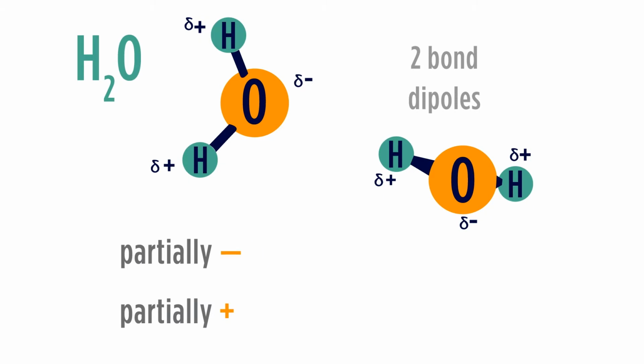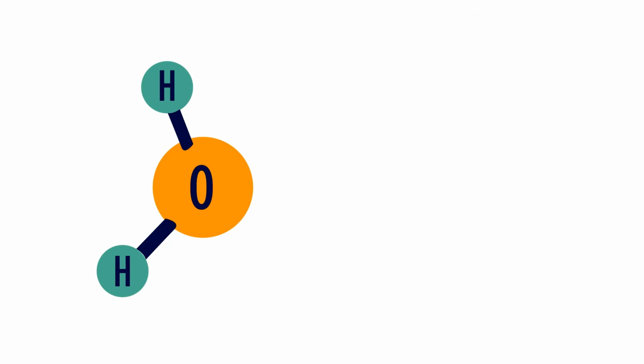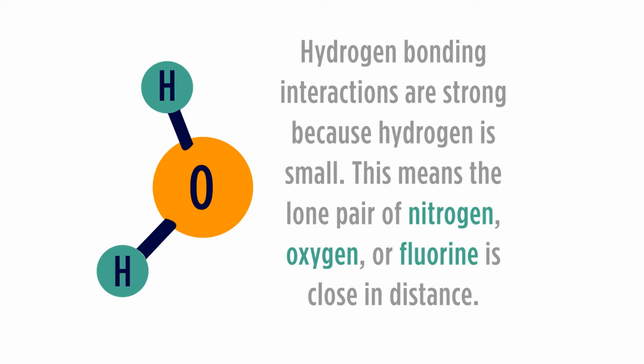Here's where we get our electrostatic attractions. Then we will set up an interaction between the lone pair of the oxygen and the hydrogen. Hydrogen bonding interactions are very strong. They're very strong because the hydrogen is very small, meaning that the lone pair of the nitrogen, oxygen, or fluorine is very close in distance.